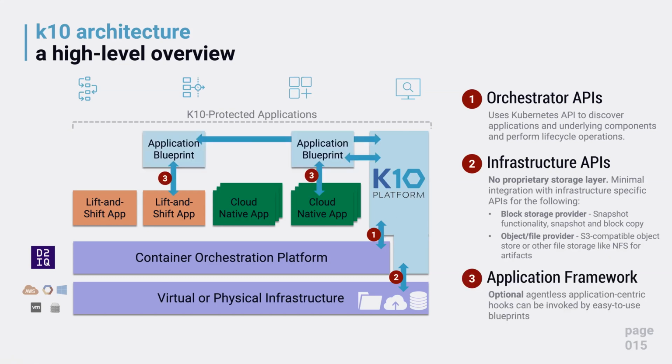And then finally, that application-centric view. K10 has an extensible side to it that allows you to specifically build backup and recovery solutions for your applications, or to use more generic ones using snapshotting. But those application blueprints give you the control and the flexibility that you would want.